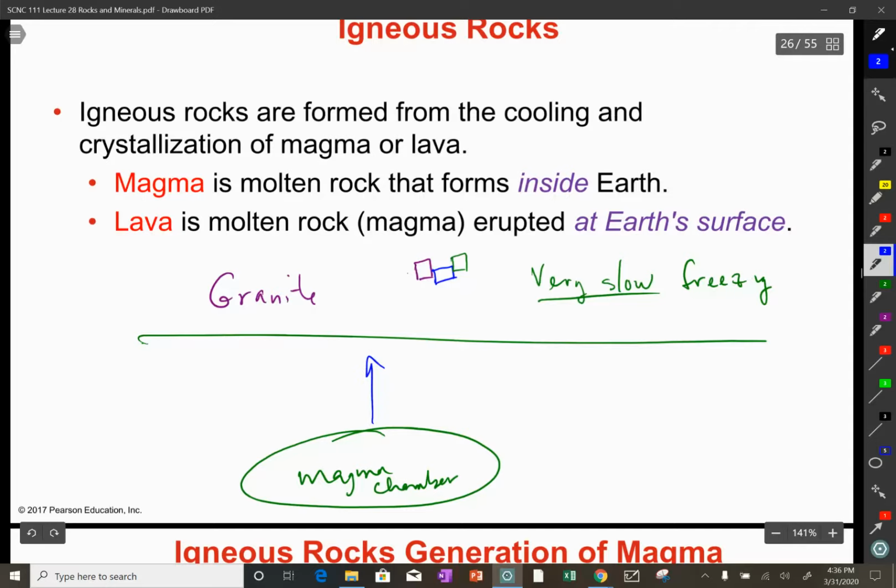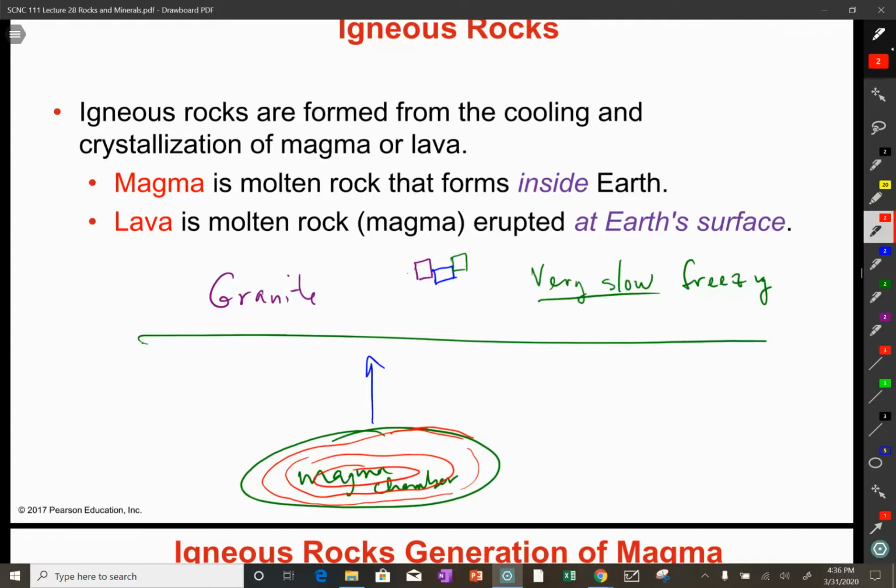And the temperature outside this magma chamber is going to be cooler. And so it starts to freeze along the edges. And as time passes, it freezes more and more until eventually the whole thing is frozen. And that frozen rock erupts through the surface and it forms something like Half Dome.